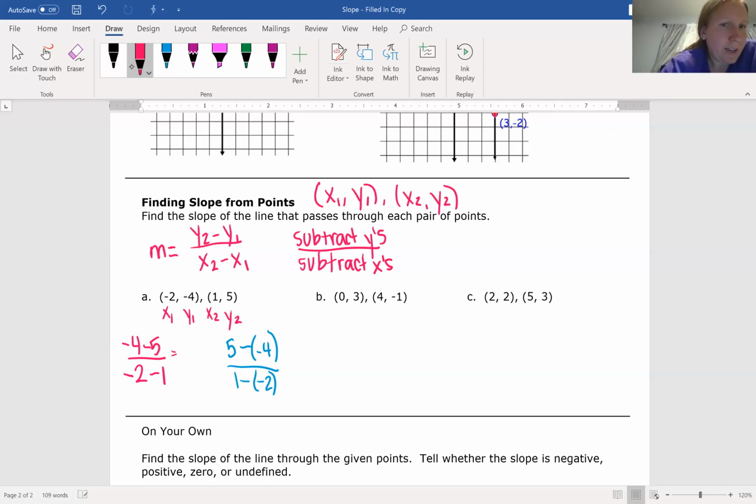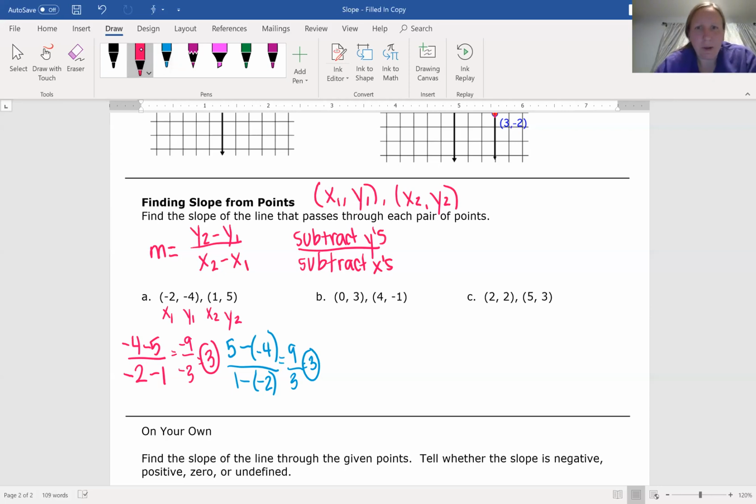We'd have -9 over -3, which equals 3. Over here, minus negative becomes a plus, so we would have 9 over 3, which equals 3. So as you can see, it does not matter which one you start with. You don't have to sit there and call one x1, y1, x2, y2. You don't have to use this formula. Just know subtract your y's on top, subtract your x's on the bottom. Whatever y you start with on top, just make sure you start with that corresponding x on the bottom.